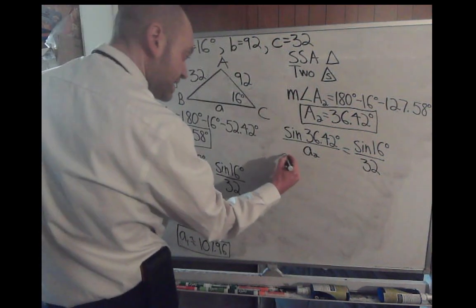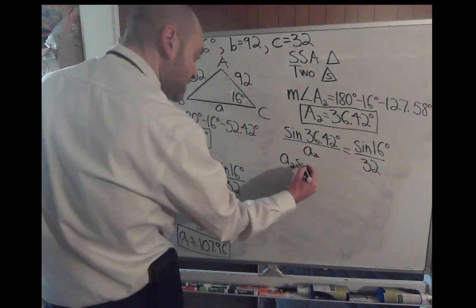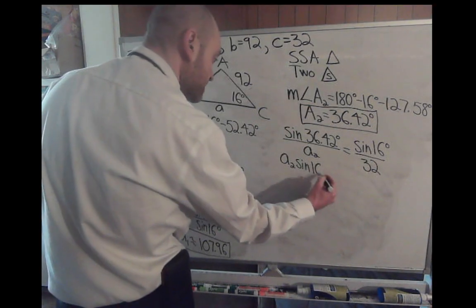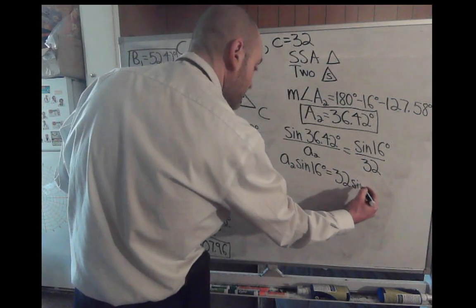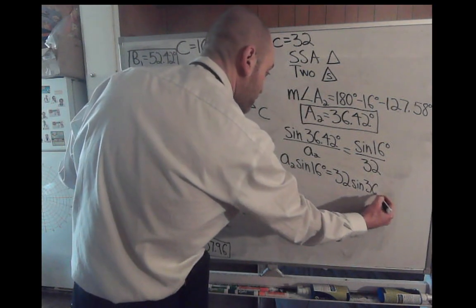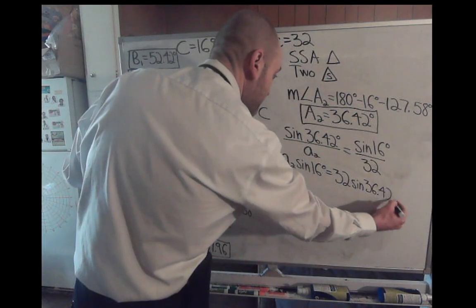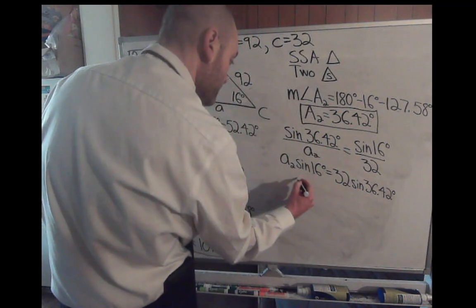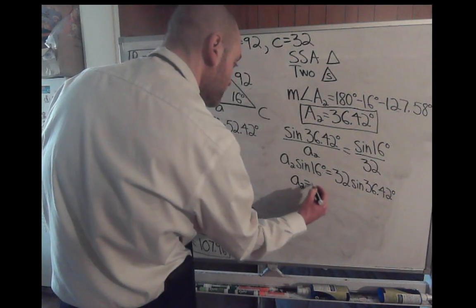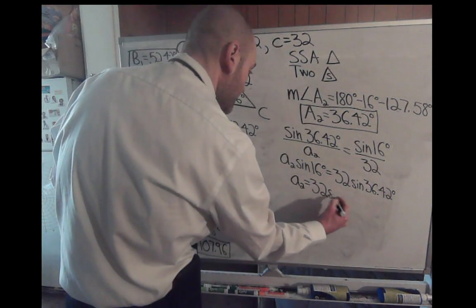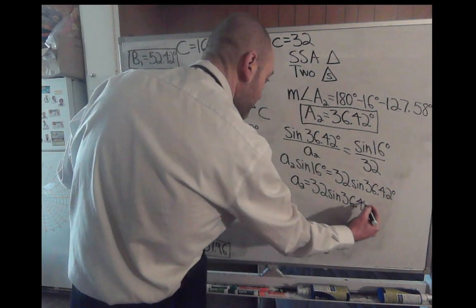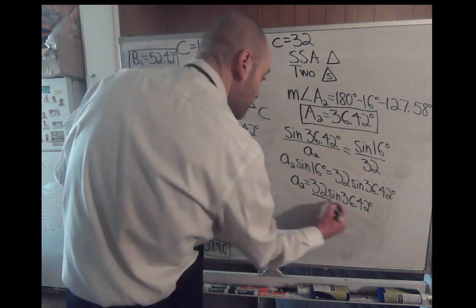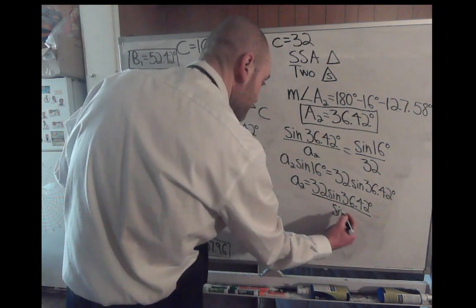So that means A sub 2 times the sine of 16 degrees equals 32 times the sine of 36.42 degrees. So then side A sub 2 would equal 32 times the sine of 36.42 degrees all over the sine of 16 degrees.